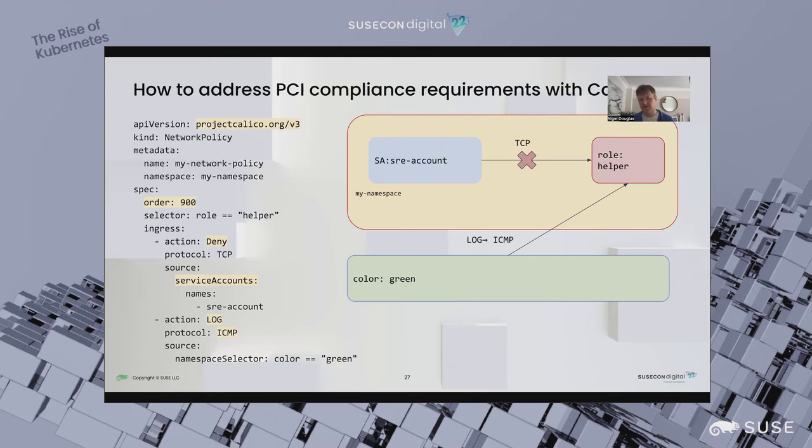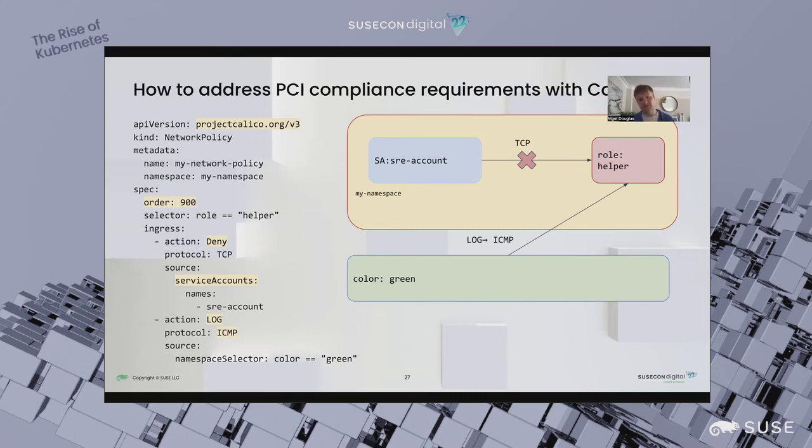So there's a lot going on in this policy, but basically I'm denying specific traffic, but other traffic that is being sent to it, maybe I want to log it. Maybe I want to keep a syslog activity trail of those unusual connections established between color green to role helper. We don't care what the pods are or their IP, they're based on their label, and we're allowing that connection. We're not denying it, but we're also logging it. We're keeping a trail of that activity.